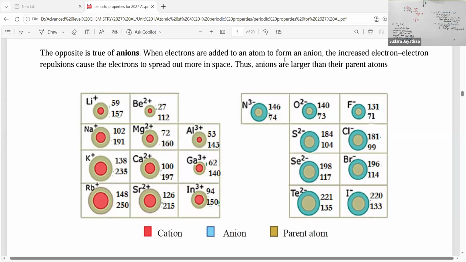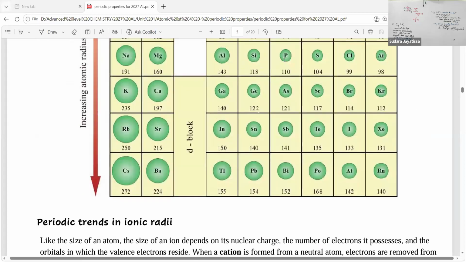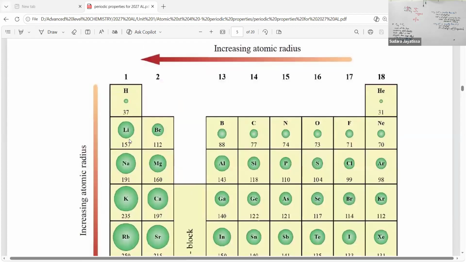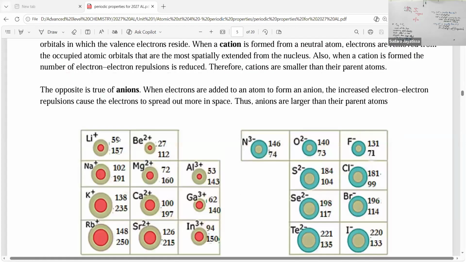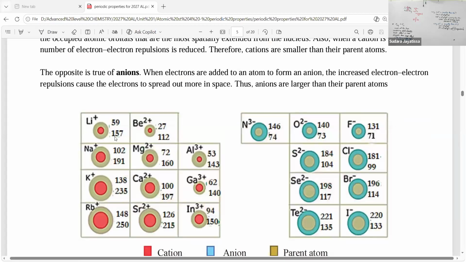Lithium has 157, and that same value is there here. So put two arrows and say 157 is the atomic radius, 59 is the cationic radius.